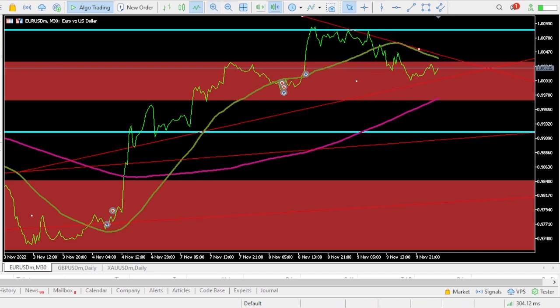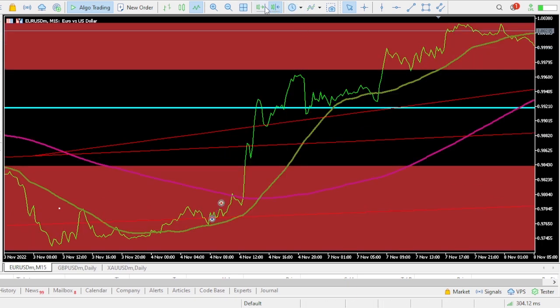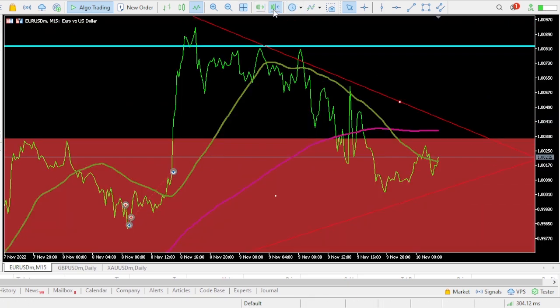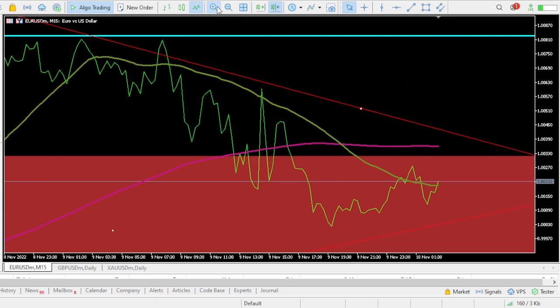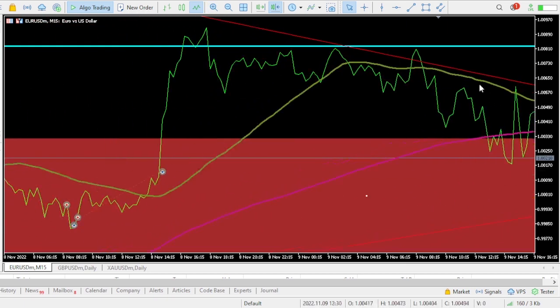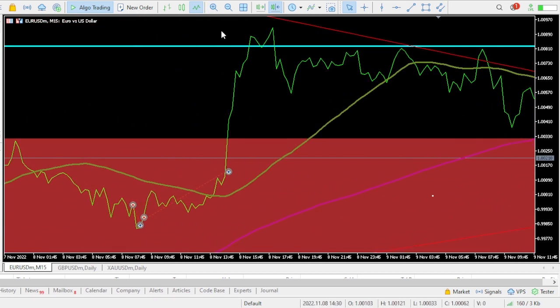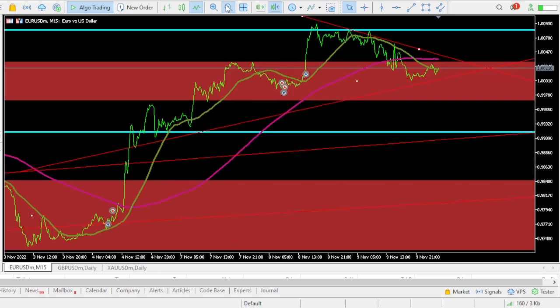So I now move to the 15 minutes time frame. On that, what happened yesterday when I entered a sell position, and that guy was in a buy position.